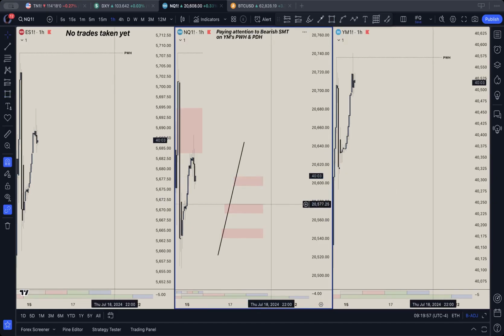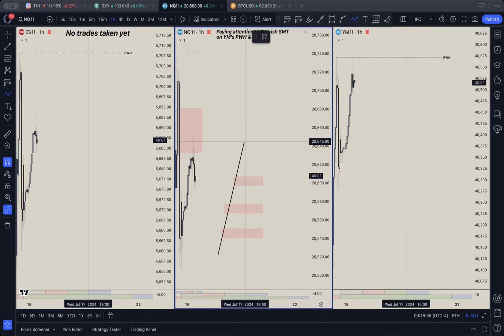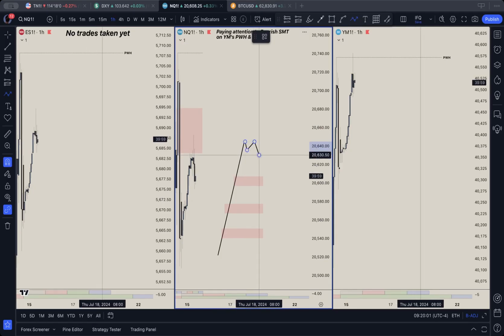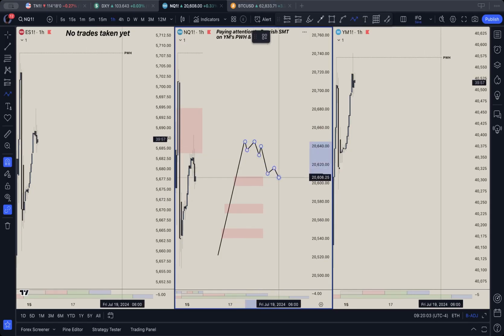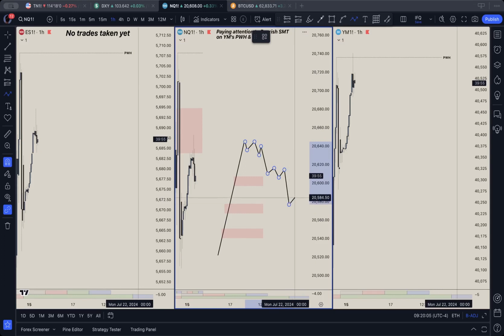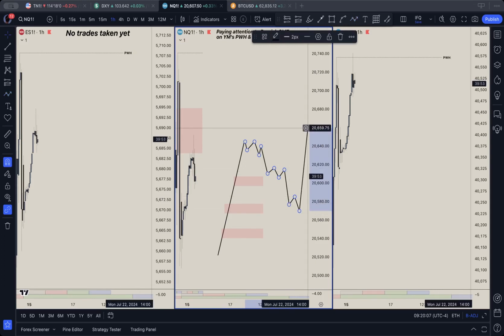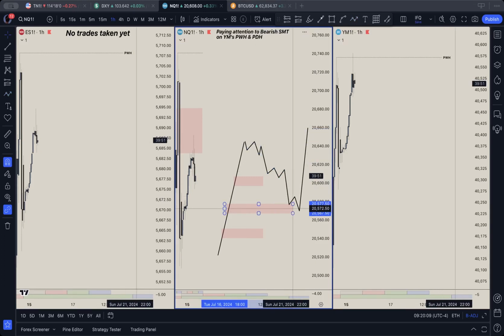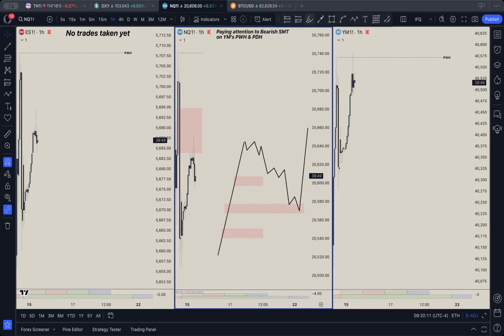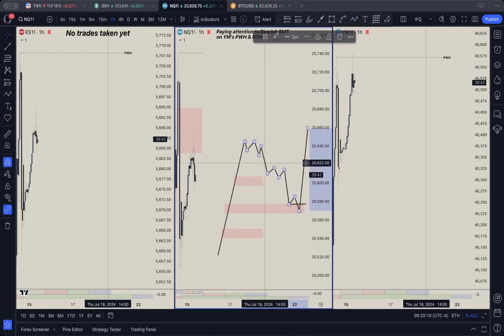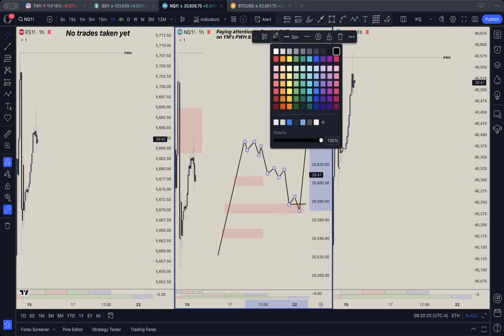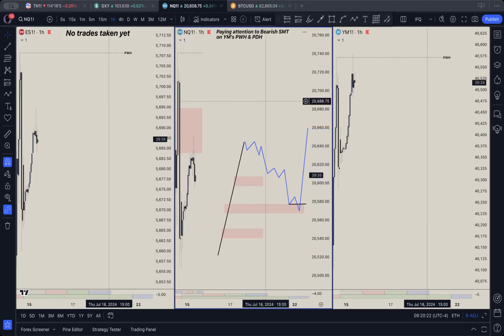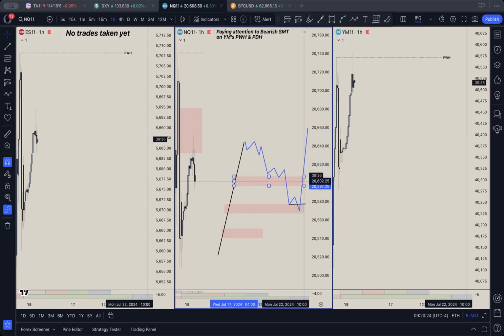Well, you just wait for your lower time frame to form some sort of structure, and once you see that SMT on the lows, you can enter on that. Right? So that's how I like to use it, pretty much, if you have multiple fair value gaps.